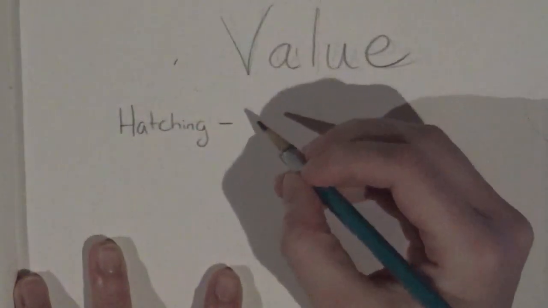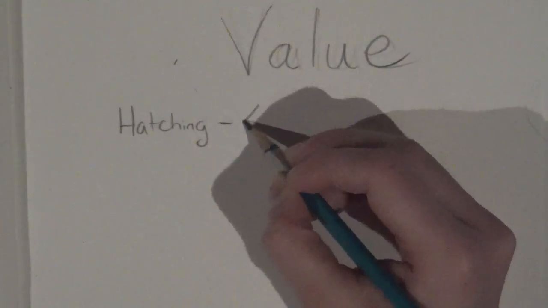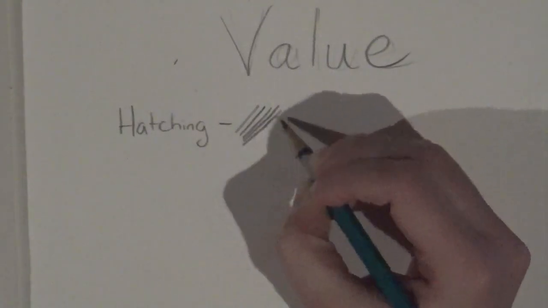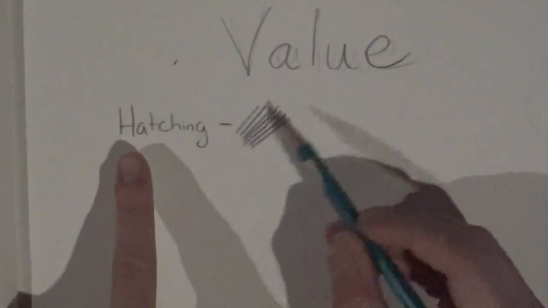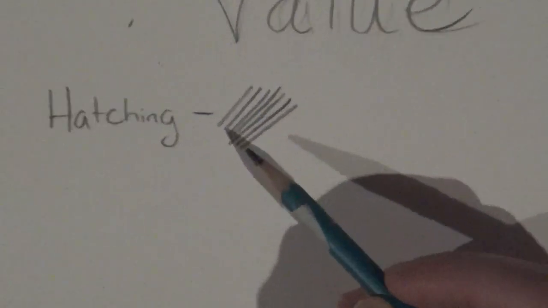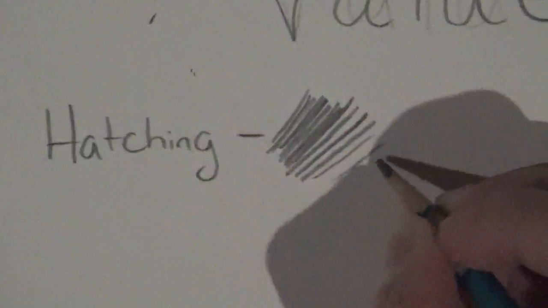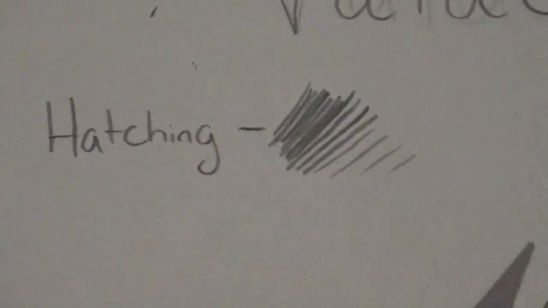Instead of writing the definition, all you need to do is create parallel lines. So hatching is creating parallel lines like this in order to show value. So the more lines that I add, the darker an area will look versus less lines. You guys see that? See, this looks lighter than this over here.